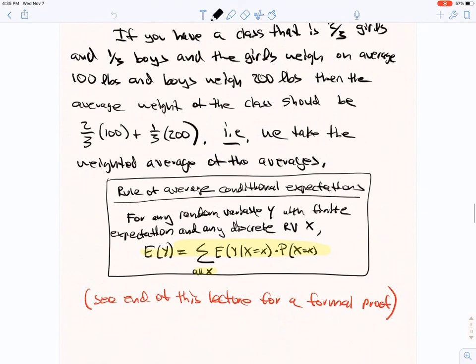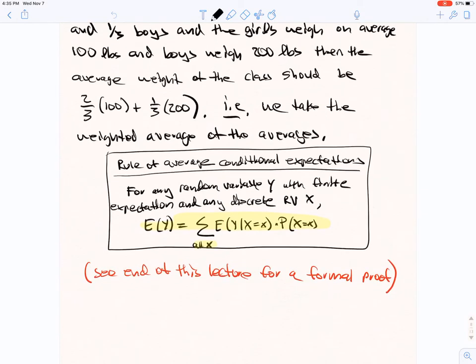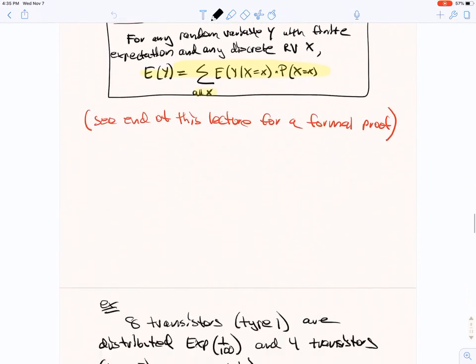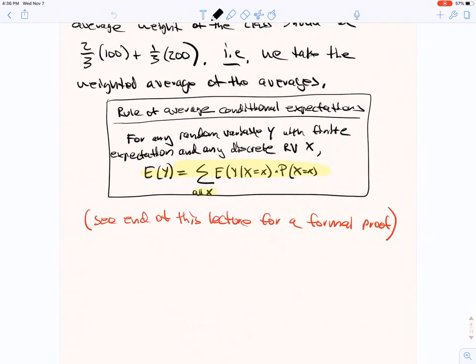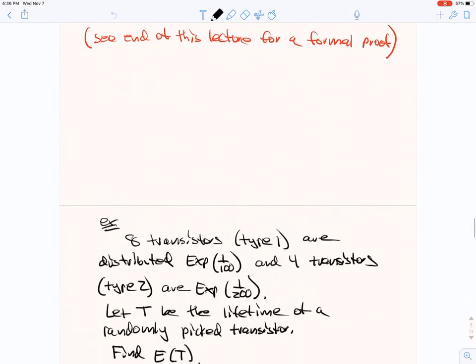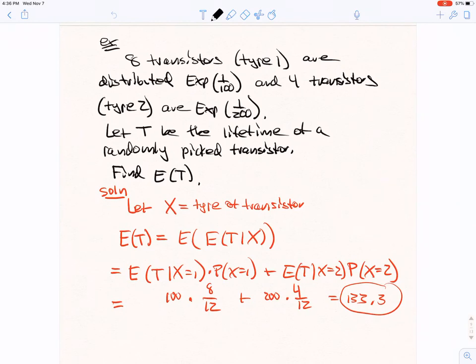So it's pretty intuitive, right? And so we call this formally the law of iterated expectations. And we'll deal with X being continuous in the next section, but right now it's discrete. Okay, so you can look at the end of these notes for a formal proof of the law of iterated expectations. It's just algebra.